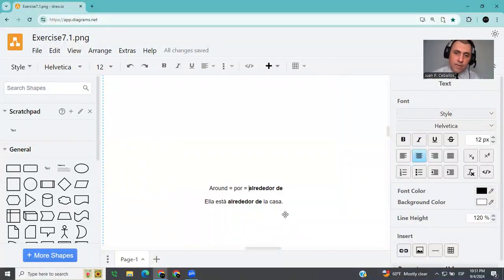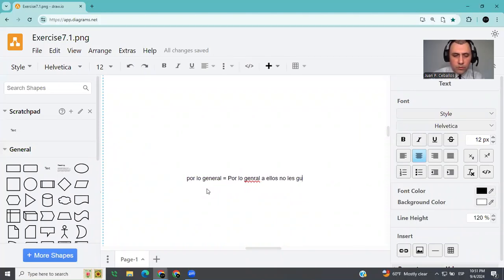Por also has many expressions. But I'm just going to go with some that books do not explain, and that I think are important. So por lo general is one. An example will be: por lo general a ellos no les gusta ir a las fiestas.